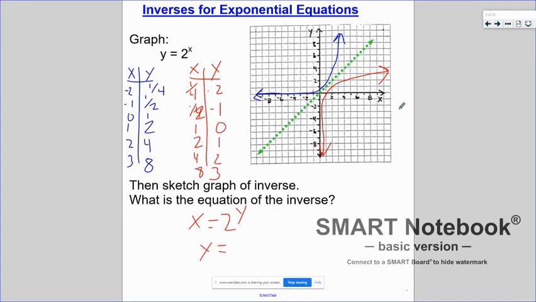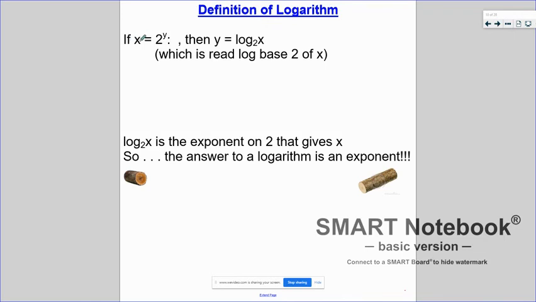So the y equals is where we're going to run into logarithms. So our definition of a logarithm: if x equals 2 to the y, then y equals log base 2 of x. Y equals log base 2 of x. Here's the base, it's 2. The exponent is what it equals, and the x, the argument, is what happens when I do 2 to the y.